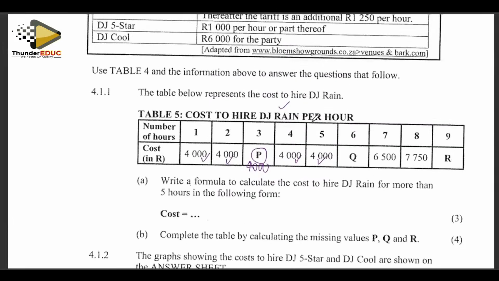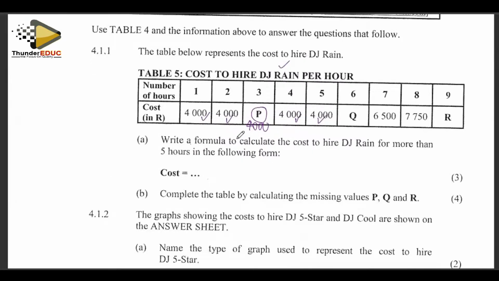All right. Now they're asking us to write down the formula. Or if you didn't write the formula, they would have asked you to write down the equation. If not an equation, you would have written the expression, to calculate the cost to hire the DJ. First and foremost, pay 4,000.